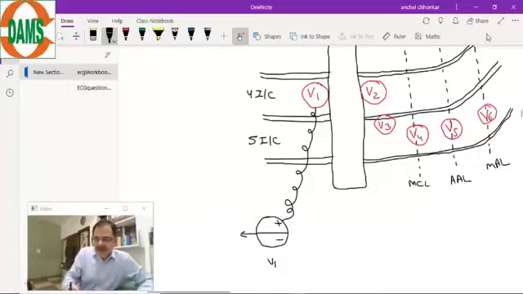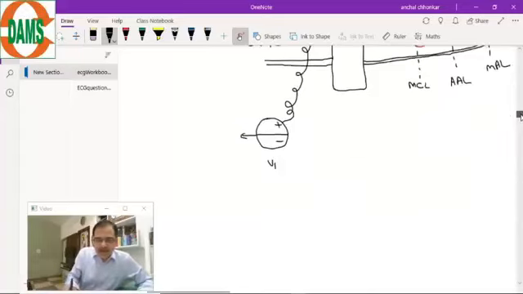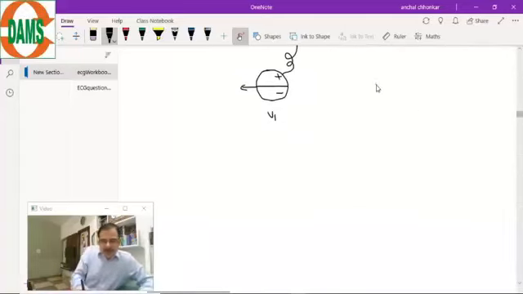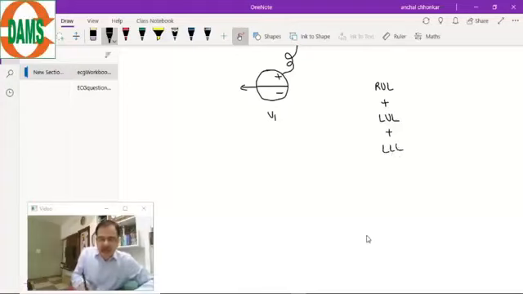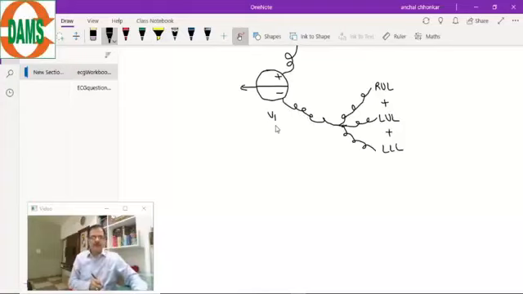So the negative is coming from the right upper limb, left upper limb, and left lower leg. From all these three limbs, we will take wire, connect them into a single wire, and that will make the reference electrode.